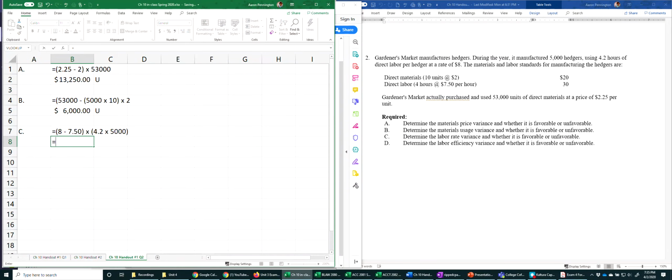All right, $10,500. Again, unfavorable. And that we should have expected as well, because it told you the rate was $8 and the standard was $7.50.